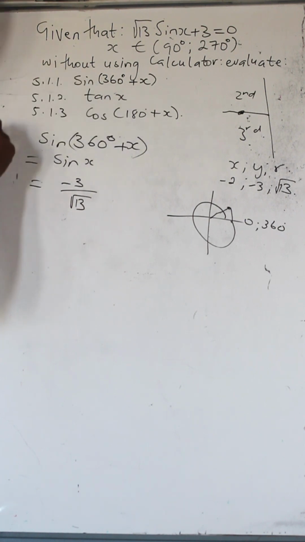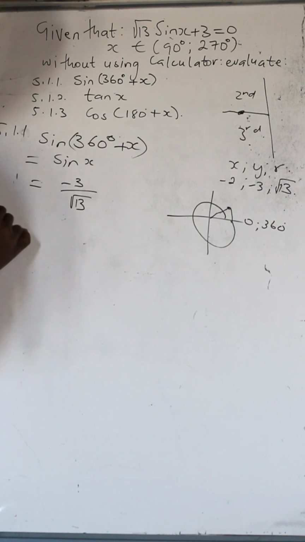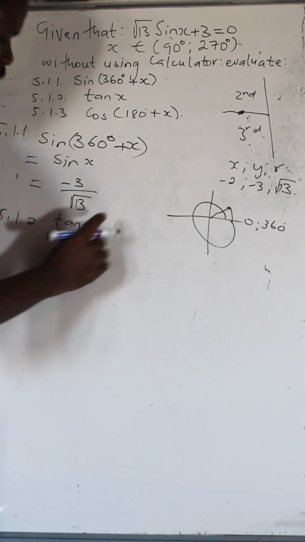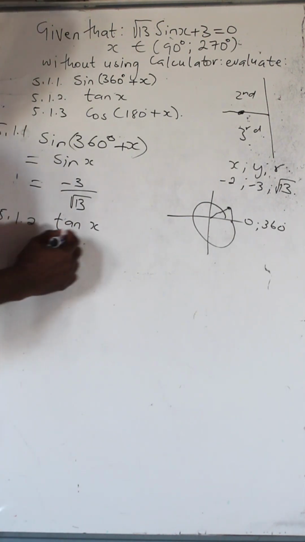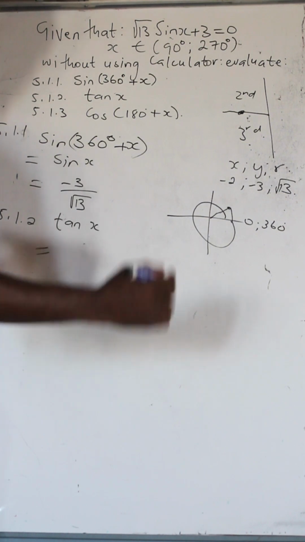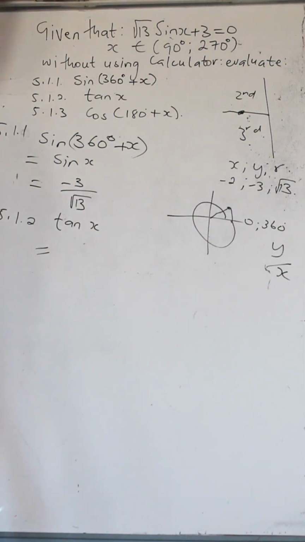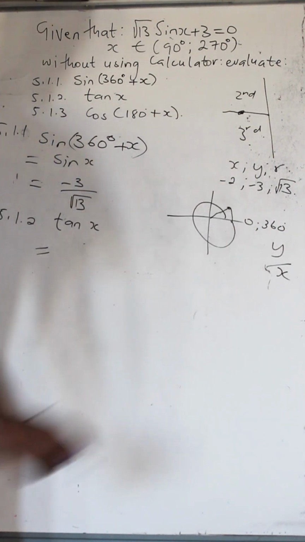Then the tangent of x. For the tangent of x, this is straightforward, no need to do any kind of funny stuff. Tangent of x is defined as y over x. This is what makes this thing positive anyway. So this will become minus 3 over minus 2.